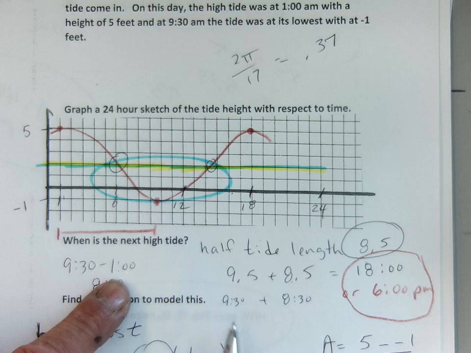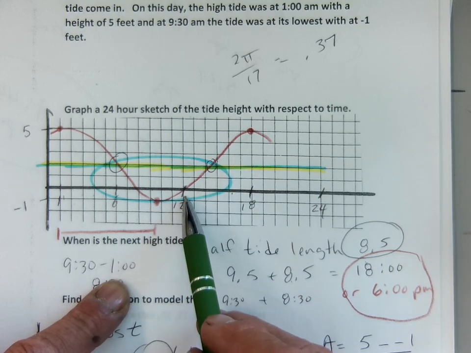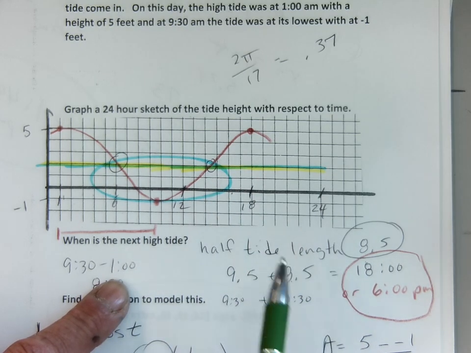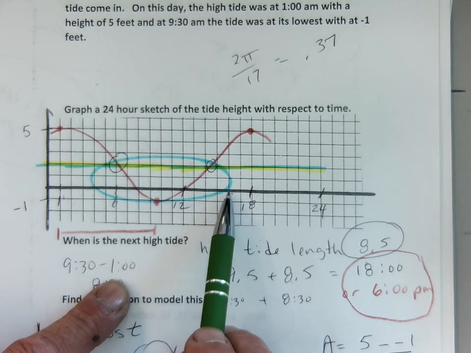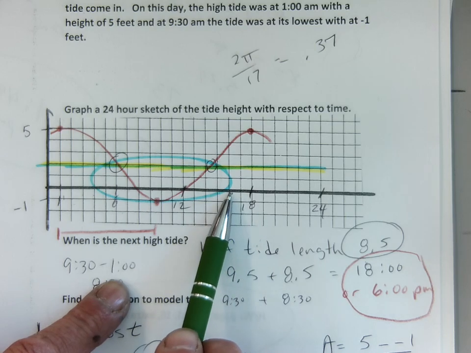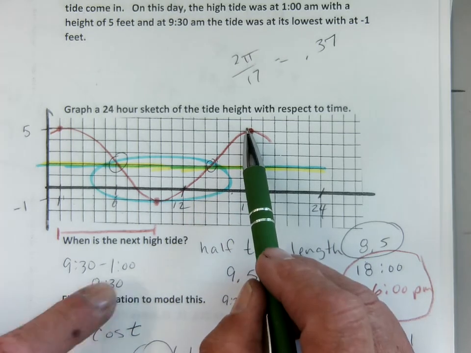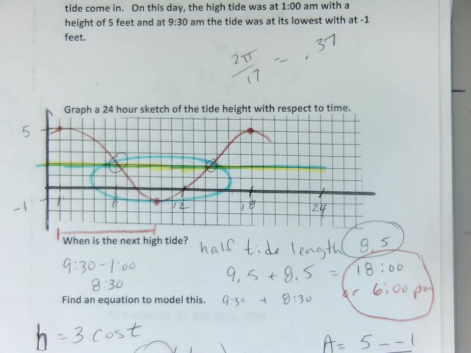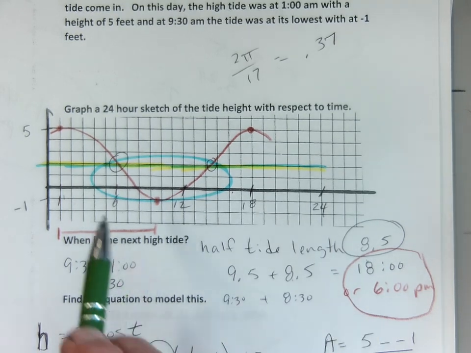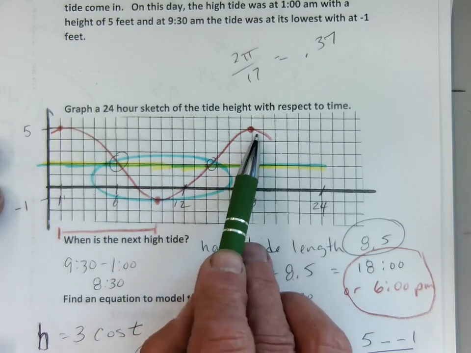From my 9:30, I added another 8.5 hours, which put me at 1800, the same thing as 6 o'clock p.m. So 12, 13, 14, 15, 16, 17, 18. So there's my next high tide, okay? Which means it's really a total of 17 hours for the full tide. So then I could graph it from point to point, okay?